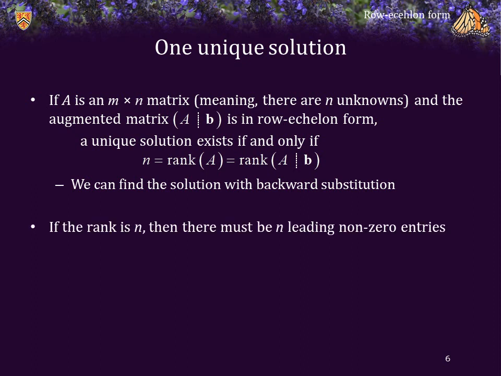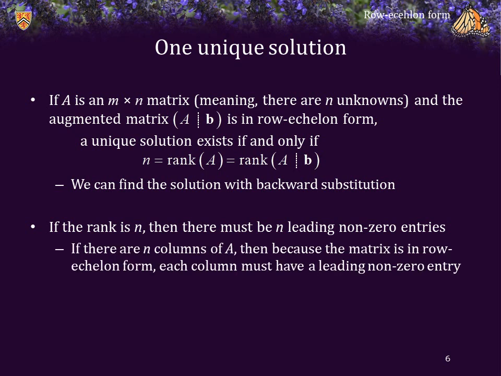But first, let us recall, if the rank is n, then there must be n leading non-zero entries. If there are already n columns in A, then because the matrix is in row echelon form, each column must have a leading non-zero entry.